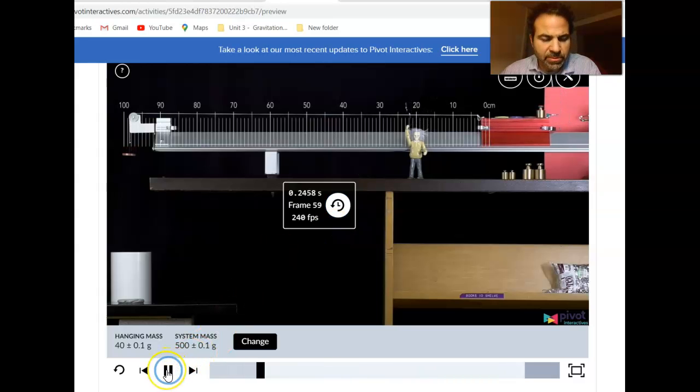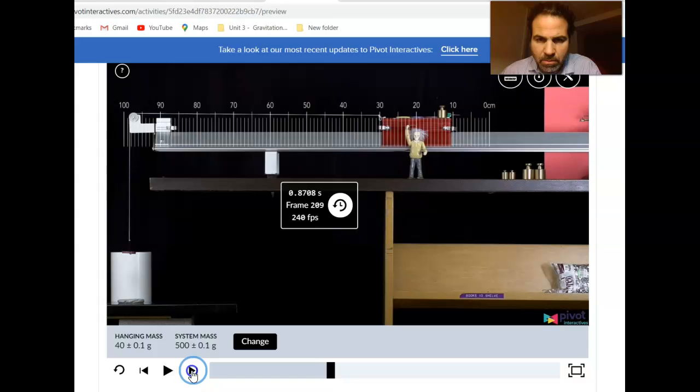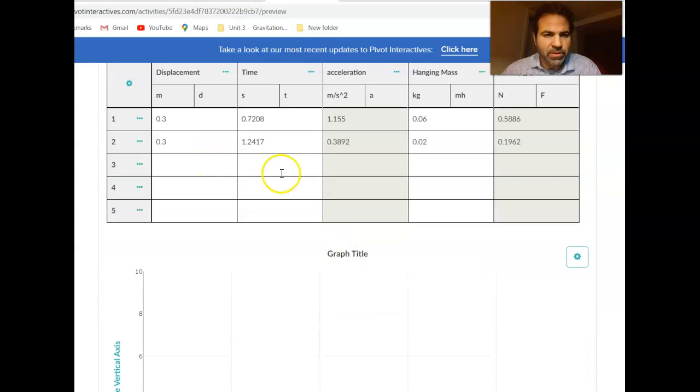I'm going to travel 30 centimeters. 0.8792 seconds to travel 30 centimeters, which is 0.3 meters. There's my acceleration. My mass was 40 grams, or 0.040 kilograms. There you go. There's my force.